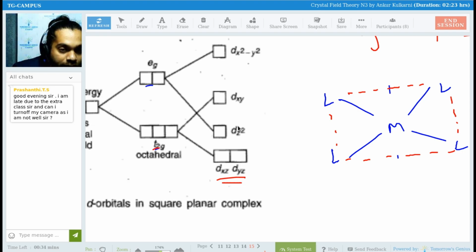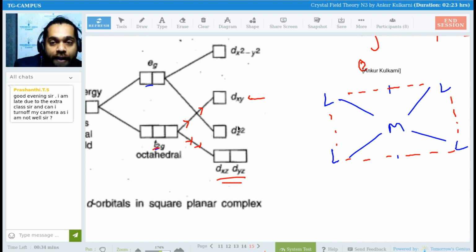The one with the z is stabilized because we have removed the z axis, so it came into lower energy. But the one with xy has gone up now. You have to focus on this too. The one with z has gone down in energy. The one without z has gone up.